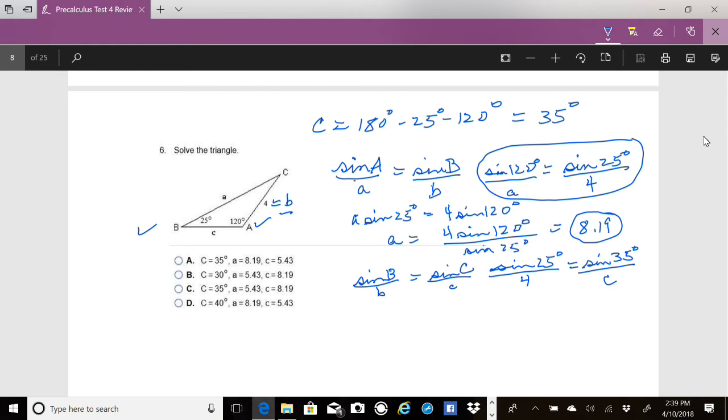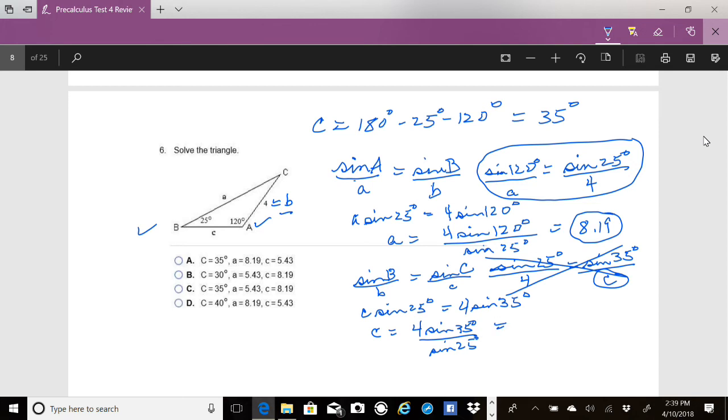So now we can solve for c by cross multiplying and get c sine of 25 degrees equals 4 sine of 35 degrees. So that c is 4 sine of 35 degrees divided by sine 25 degrees.